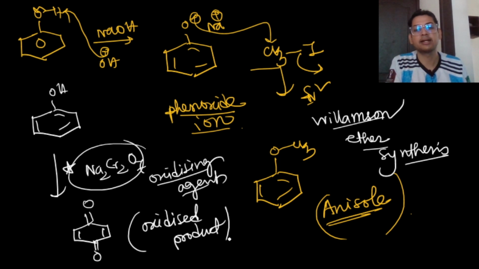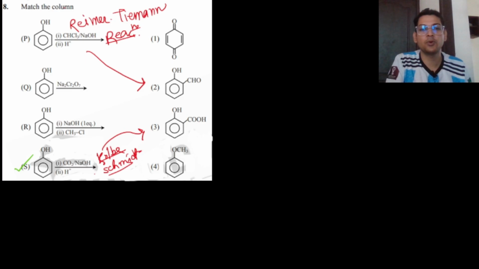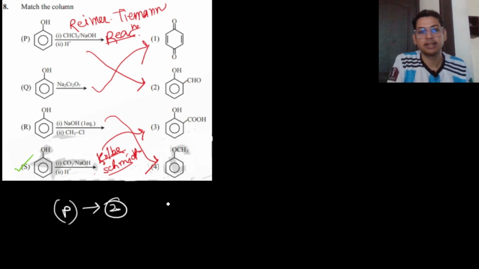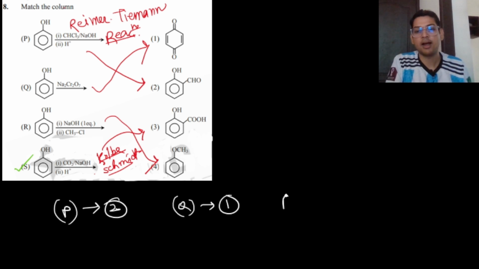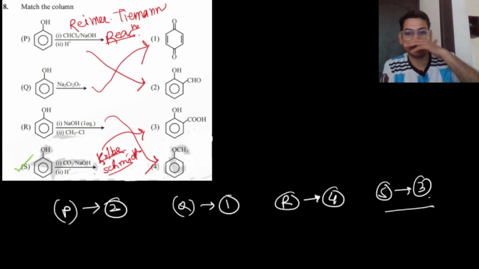So these are the reactions that you have to know, and you already got your answer that from NaOH you will get anisole, and from Na2Cr2O7 you will get this. So I am writing here P2, Q1, R4 and S3. That will be your matching.